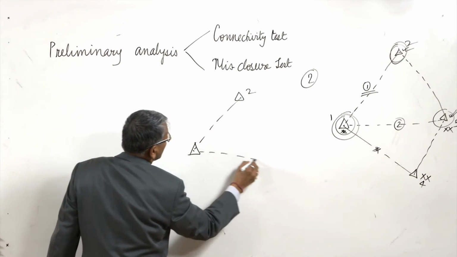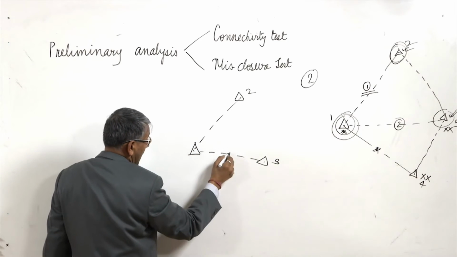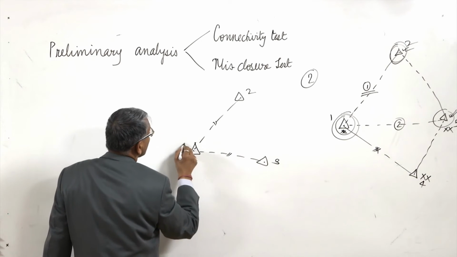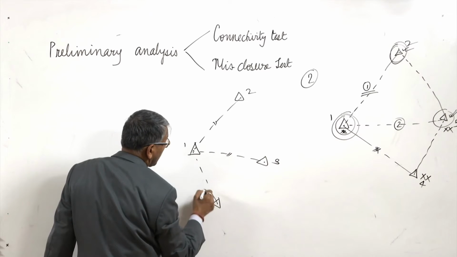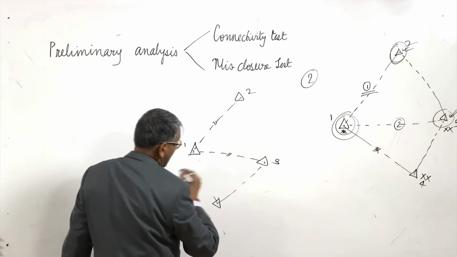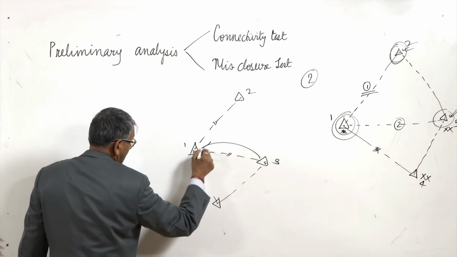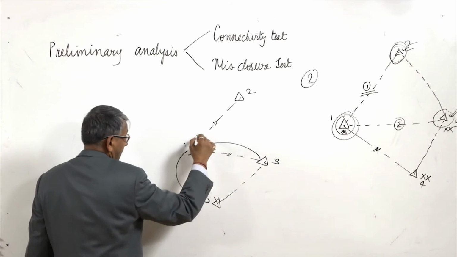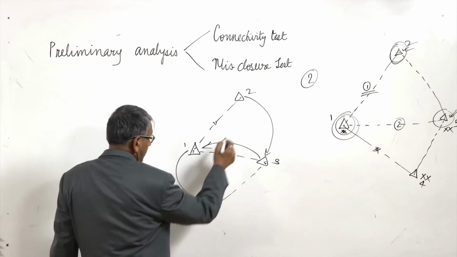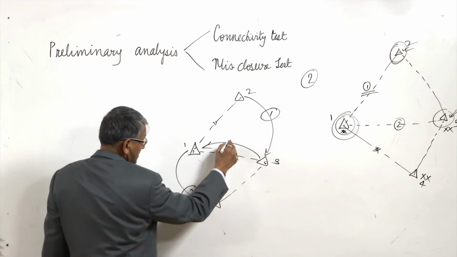But suppose I take an observation 1 and 2, but then after taking 2 the receiver is coming to 3, so I have taken the observation 1 and 3, then if I shift the receiver from 1 to 4, then we will take the observation 3 to 4, and then if I shift the 3 to 1, this is the first shifting, this is the second shifting, this is the third shifting.